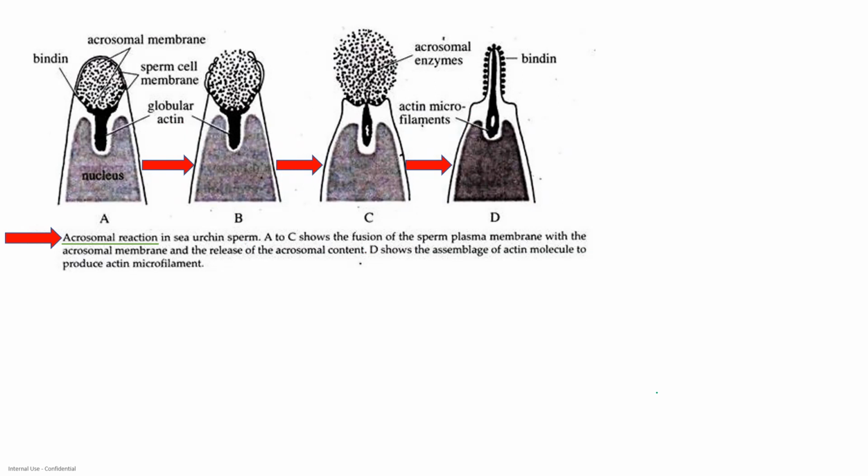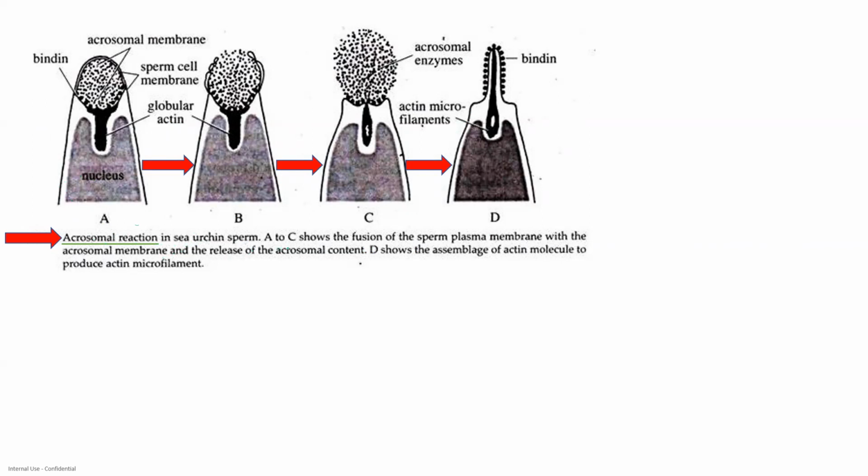So there is a block mechanism that operates, which will prevent a second sperm from coming if one sperm is successfully fertilizing; the second one will never get a chance. So before we get into that, you first take a look at this picture. What happens? See, this is the sperm.